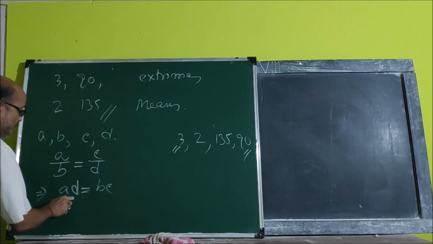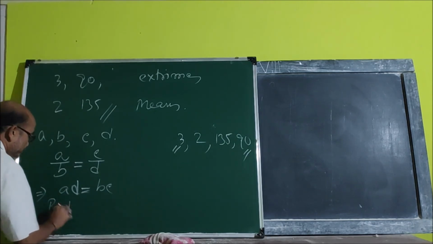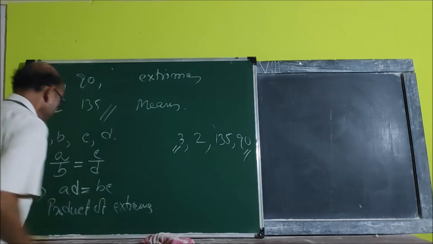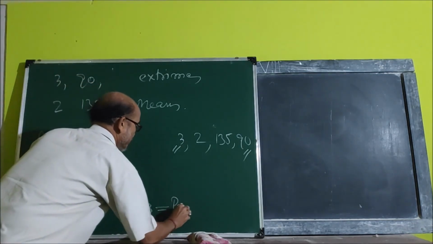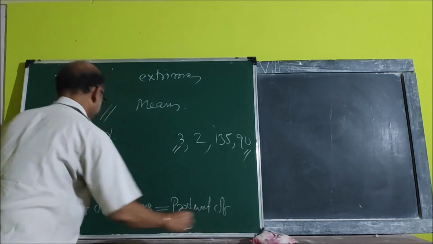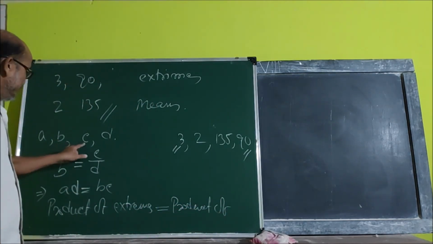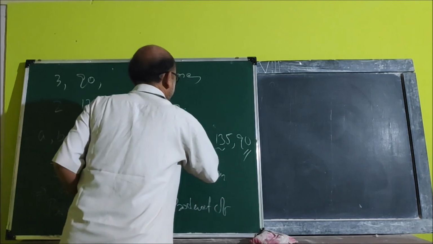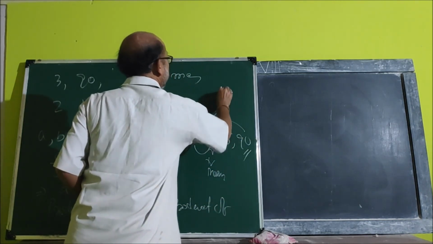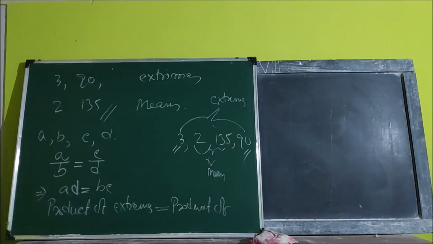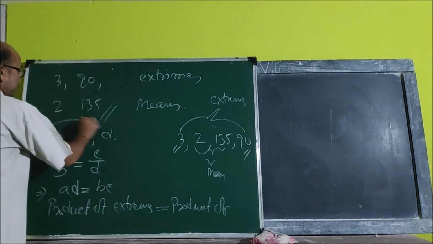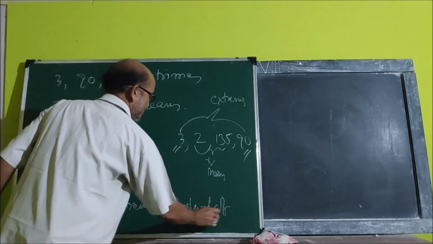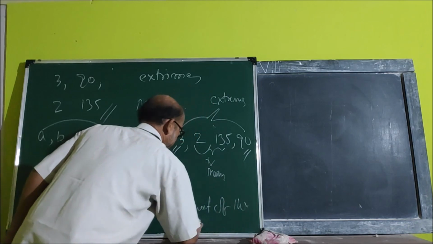AD is the product of the extremes, equal to the product of the means. B and C are the means, and A and D are the extremes. So here also AD, the product of the extremes, equals the product of the means.